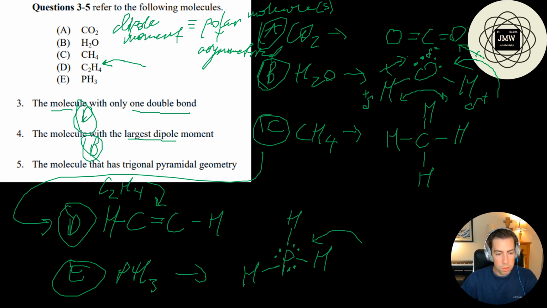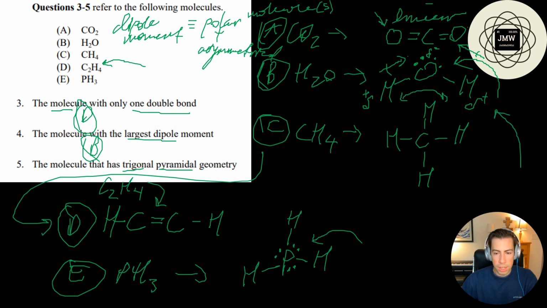And then the molecule that has trigonal pyramidal geometry. Let's figure out which one here has trigonal pyramidal geometry. So this one, I mean, it's a little bit trickier, right? Let's just kind of go through it. So CO2, this one's going to be linear, right? Because I have these 2 double bonds, not a lot of rotation.